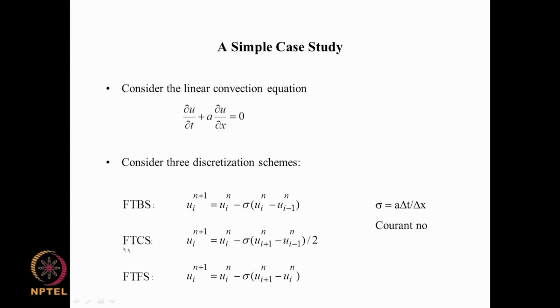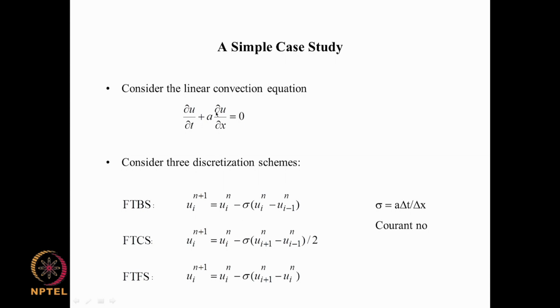In FTCS, we have the same forward in time, because forward in time with an explicit method will enable us to get a quick solution, and at this stage we want to test with simple expressions. So, you have the same ui n plus 1 minus ui n, but the space derivative is expressed in terms of central differences.